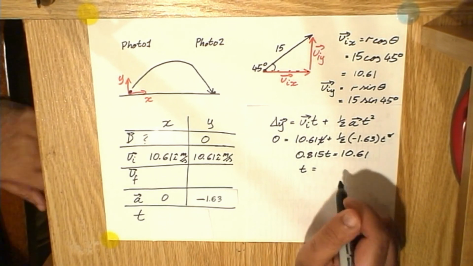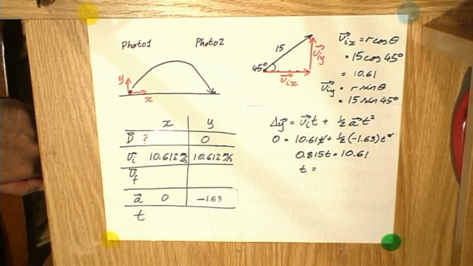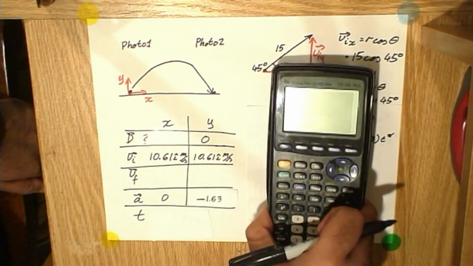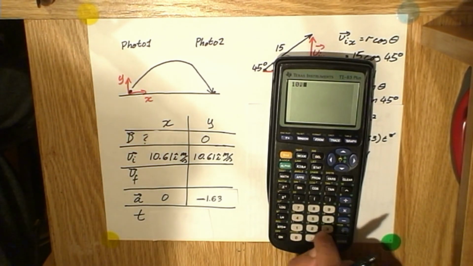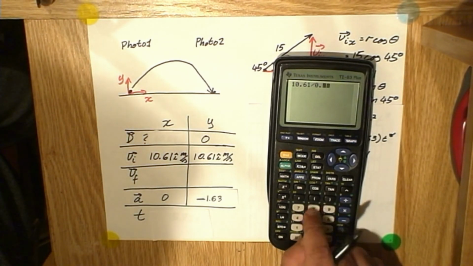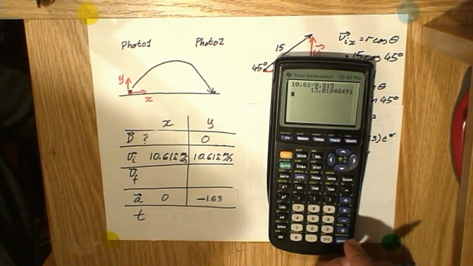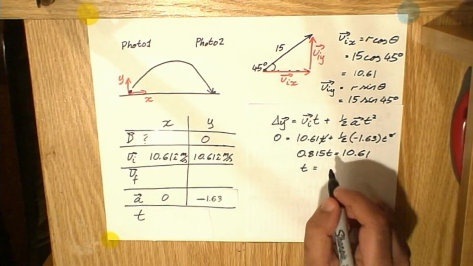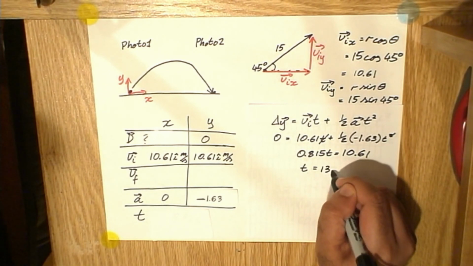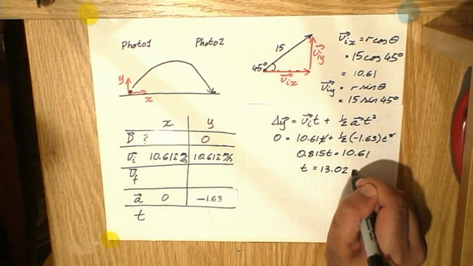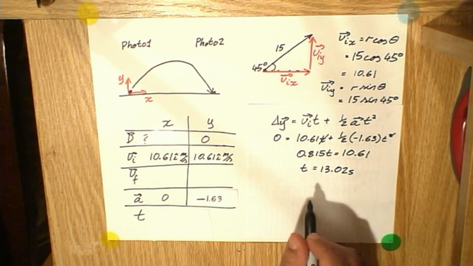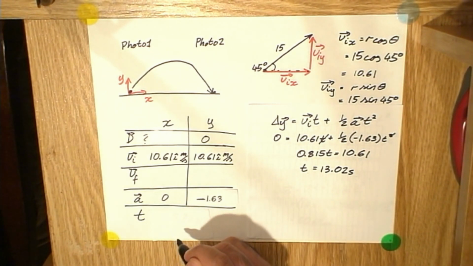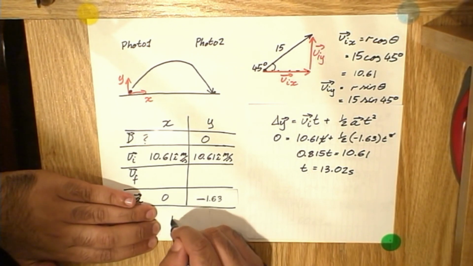So now let's solve for t by dividing both sides by 0.815. 10.61 divided by 0.815 gives us 13.02. Okay, so that is the time that would be required for this soccer ball to land.